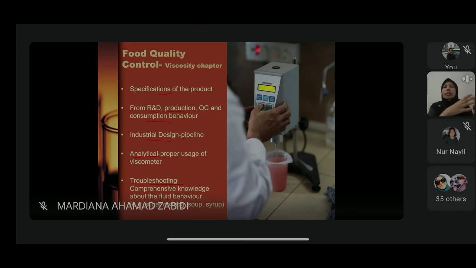If it is less viscous, it will not be able to coat the product. If it is too viscous, the chocolate coating also cannot coat the product because it will become solid. It will freeze. Alright, so that is why viscosity is one of the important parts for you to know in the food industry for food quality control checking.